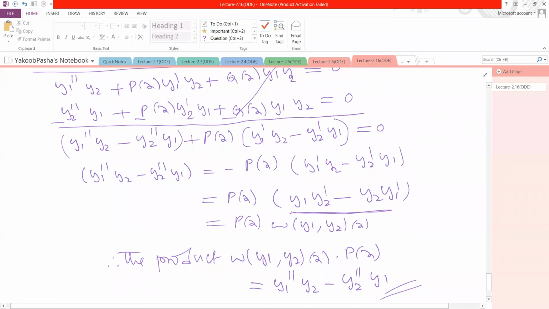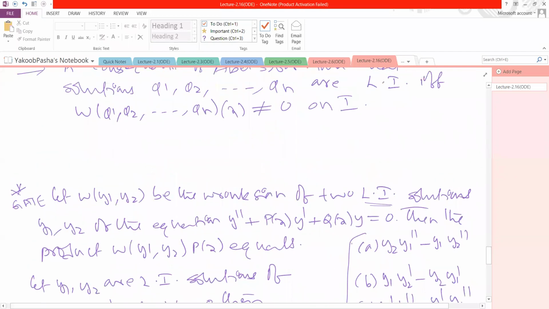Okay, you have to remember this as a formula. So our right option, the first option, is the right option.